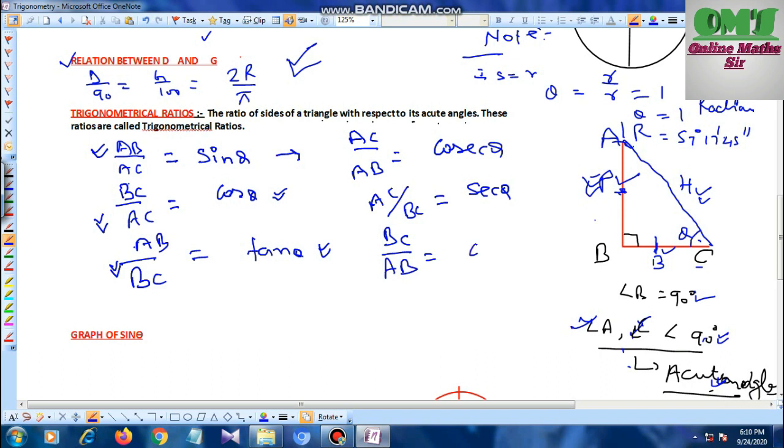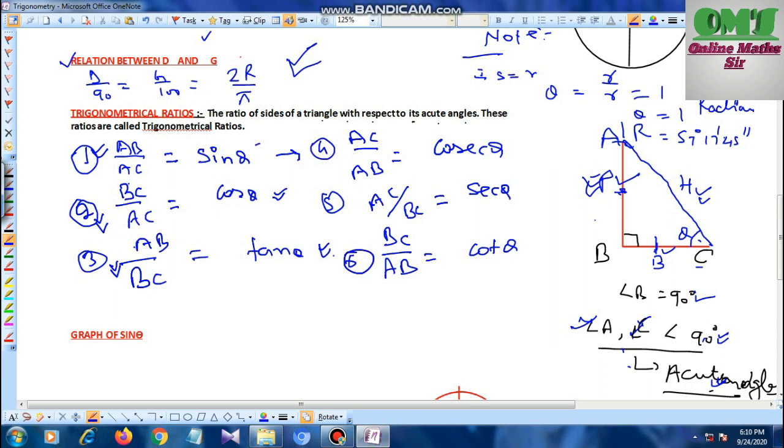This is cot theta. It means the total number of trigonometrical ratios is 6. First sin theta, second cos theta, third tan theta, fourth cosec theta, fifth sec theta, and sixth cot theta.